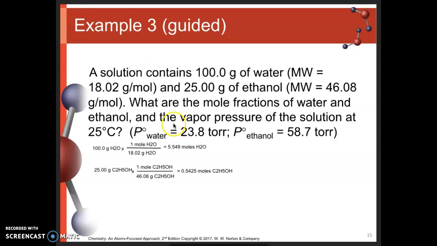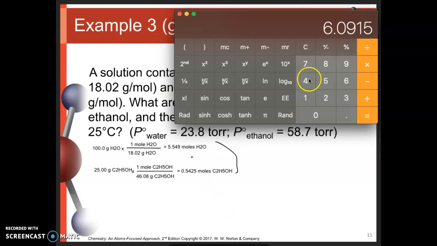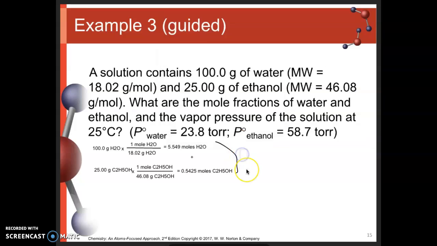So, like we did last time, we're going to need to add these together to get the total amount of moles. 5.549 plus 0.5425, to 3 decimal places, is 6.092 moles in total.